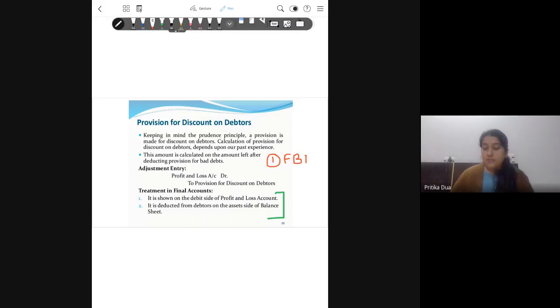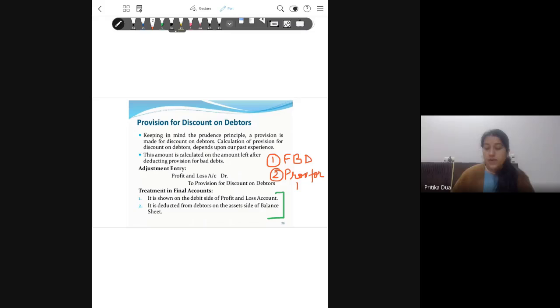Second stage पे आप provision for bad and doubtful debts को treat करते हो एंड डिस्काउंट फॉर डेटर्स की जो एडजस्टमेंट होती है वो लास्ट करते हैं.